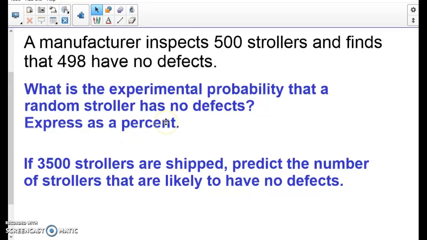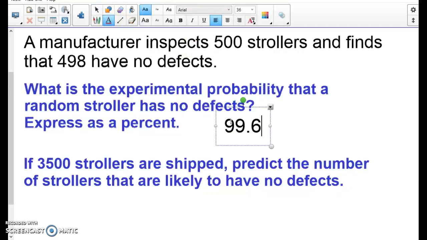That's going to be 498 out of 500, which should be a pretty high percent. Let me grab my calculator. 498 out of 500 is 99.6%. So that means 99.6% of them are going to have no defects.